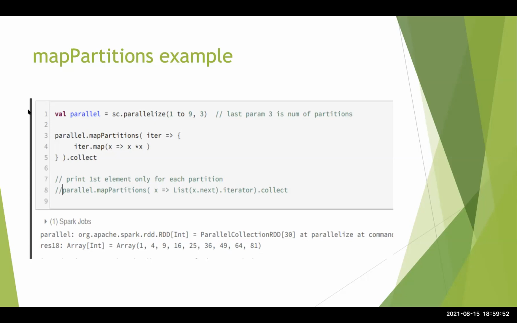This is one example. I think I have another example of map partition which explains it in a better way. You could try this at home. Let this be a homework. What I do is take only the first element of each partition and just collect it. So it should print 1, 4, and 7.